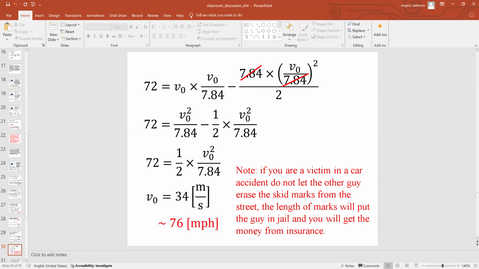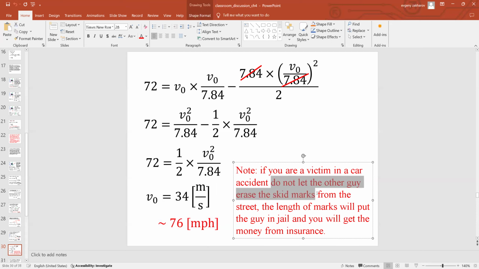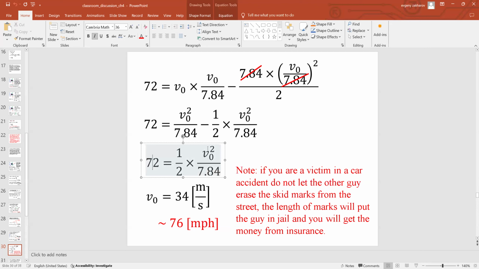So the moral of the story, you have to keep the skid marks till the cops come. Because a smart person who took physics will try to erase the skid marks. And instead of measuring 72 meters of skid marks, if there's just, I don't know, 50, then the v sub 0 is going to be less, because see how 72 defines the v sub 0.